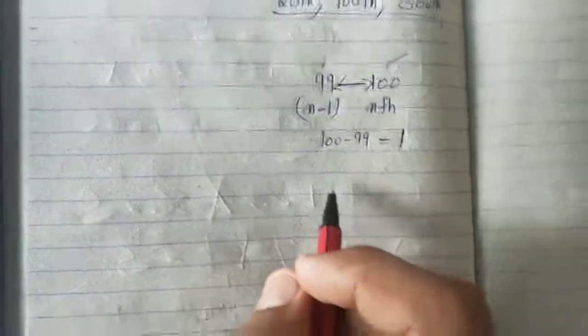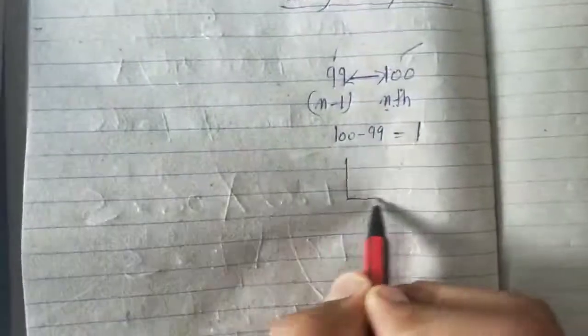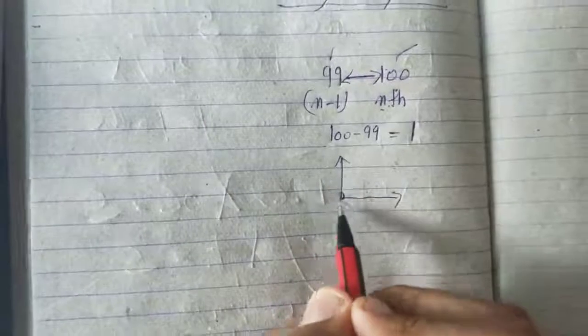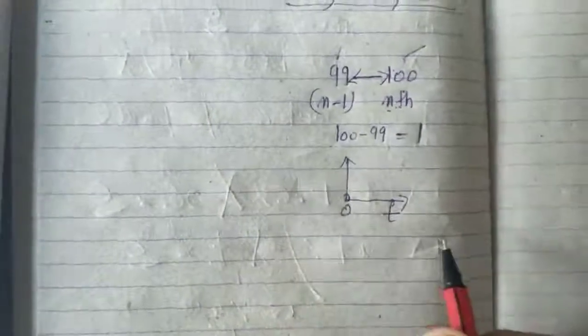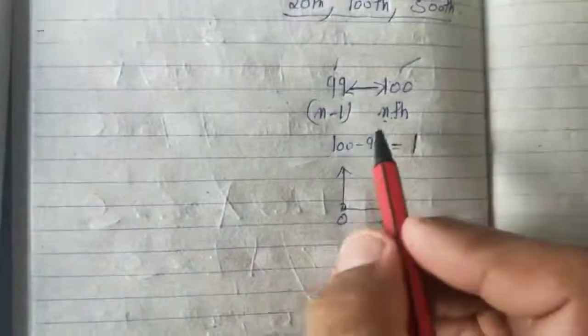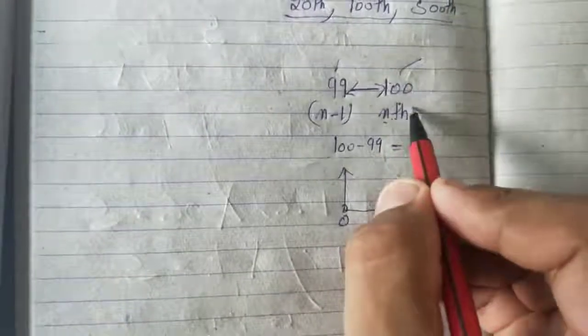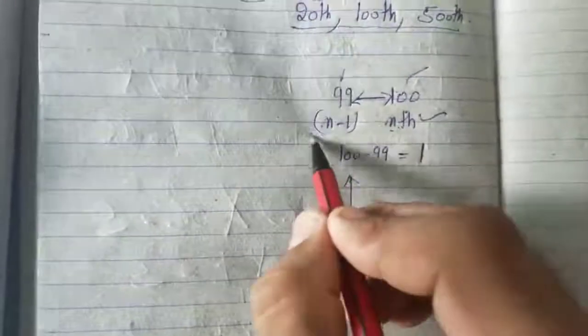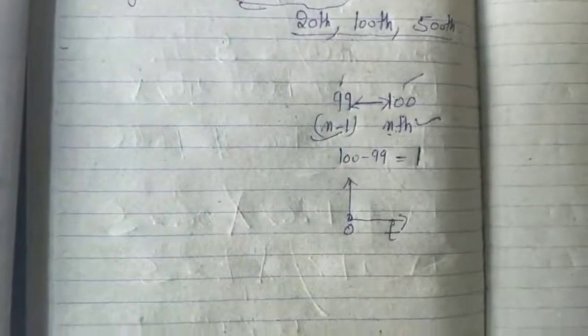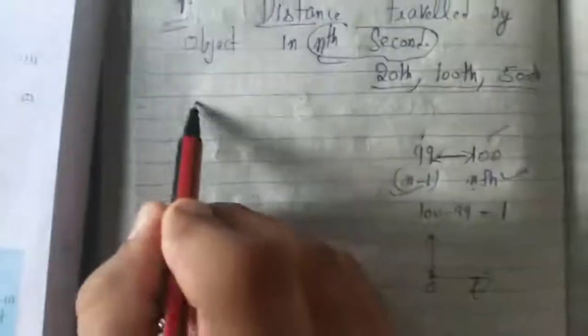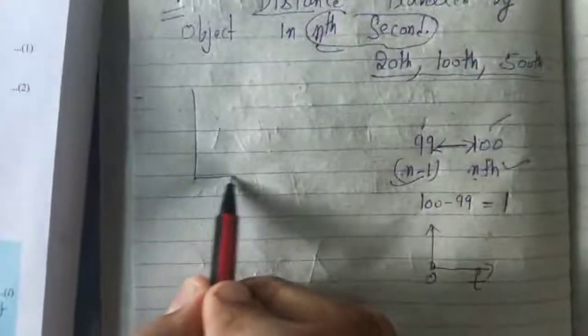So this is a concept. When I was drawing the graph earlier, I was taking two times, one is 0 and one is t. Here I will consider two times, one is the nth second and the other is the n minus 1 second. So I am always considering two velocities and two times.